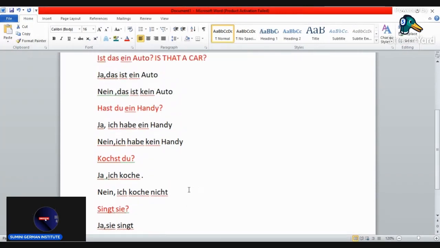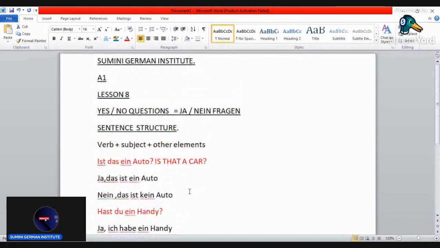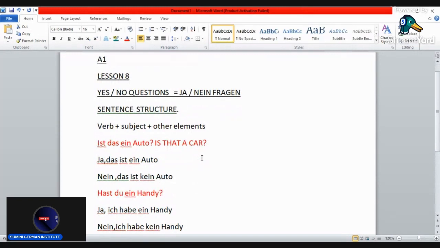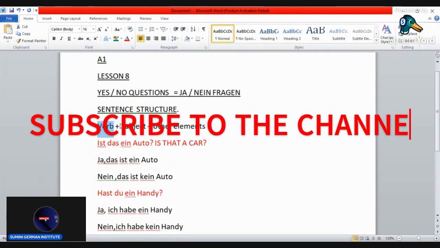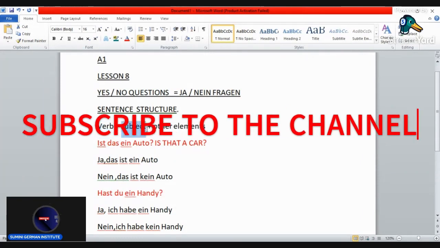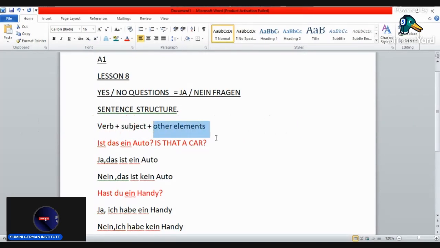So it's simple. Yes or no questions are questions that are answered with a yes or a no. The sentence structure of the questions is, you start with the verb, and the verb has to be conjugated. Then you go to the subject, then you go to the other elements.